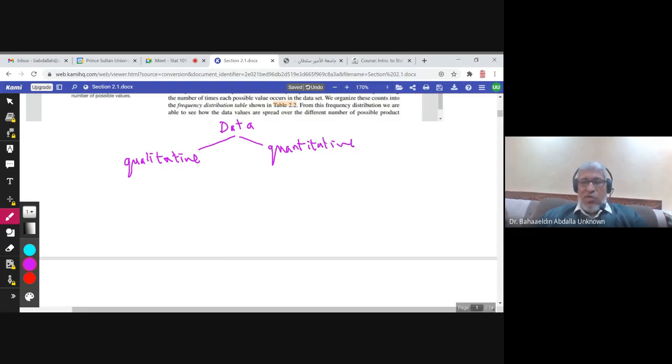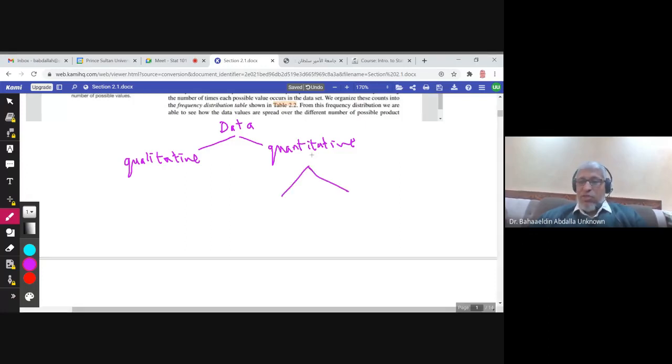We said qualitative, no numbers here, not inherently numbers, like color, like nationality, while quantitative, numbers, inherently numbers. So we have numbers here.